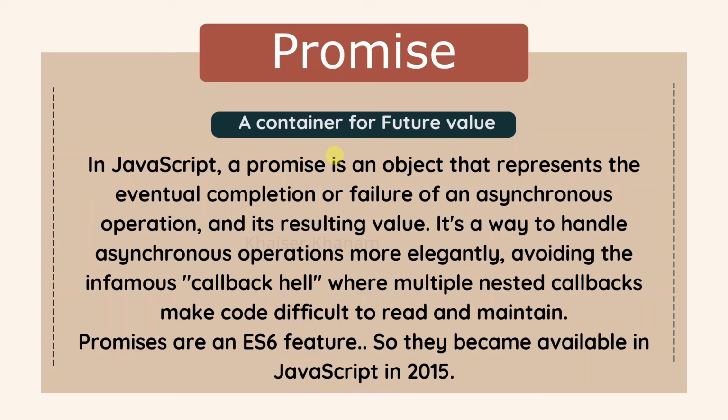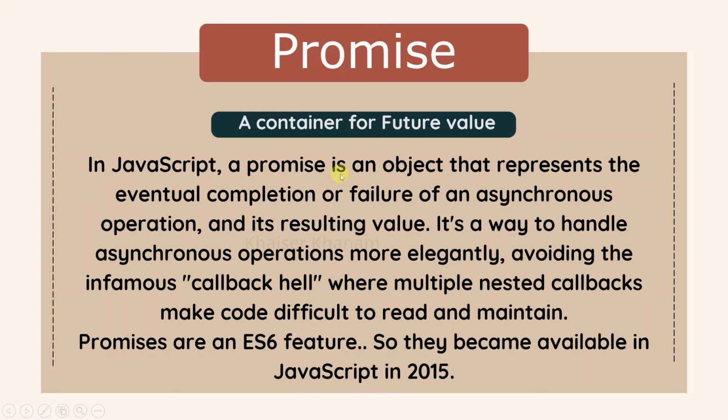Based on that, we will be getting some value, whether the user enters the value or the user does not enter the value. A promise is similar to that. It is like a container or placeholder to hold future values. So this is the more formal definition. If you want, you can write this definition, or you can simply write it is a container for a future value.